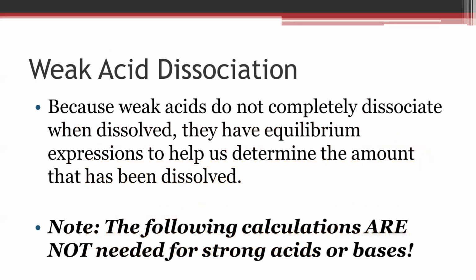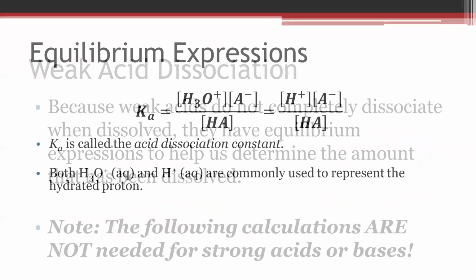Because they don't dissociate much when dissolved, we have to use equilibrium expressions to determine the amount that has dissolved. The following calculations are not needed for strong acids and bases because they completely dissociate. So just be careful there. If it's a strong acid or a strong base, you don't have to do all this extra work.